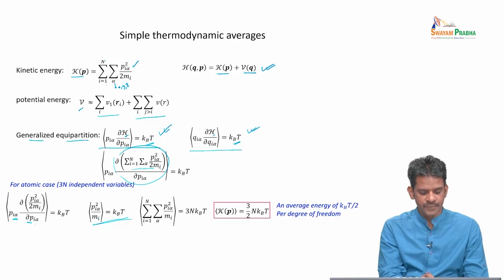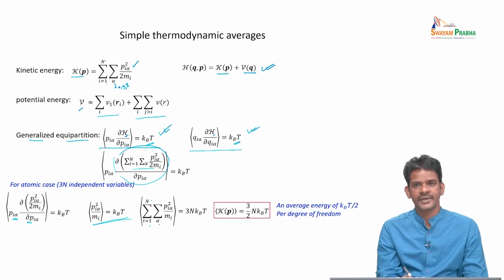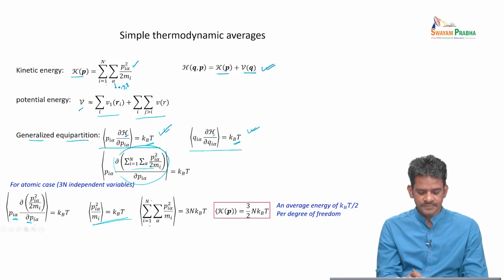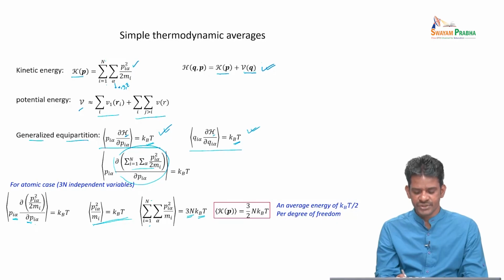So, now we will sum over all the particles and all the components. So, i goes from 1 to n and alpha goes over x, y, z components, and we sum over these pairs. Then you will see on the right-hand side you have 3N times kBT. For every one component there is kBT, and there are 3N such contributions. So, the total should be 3 times N times kBT.